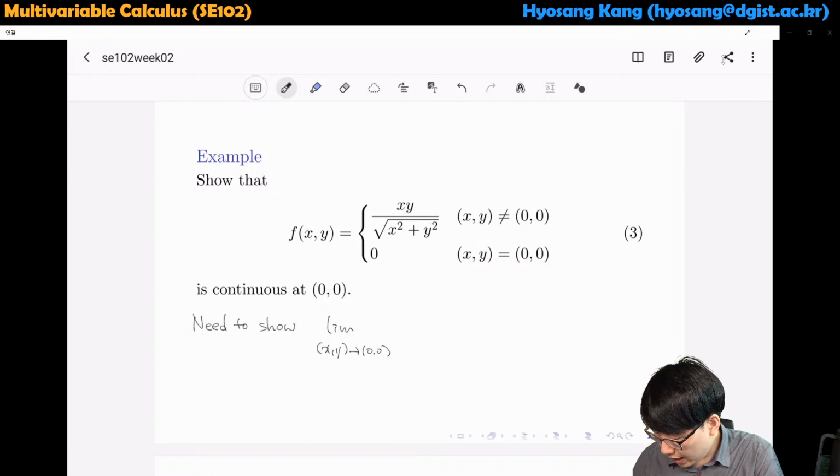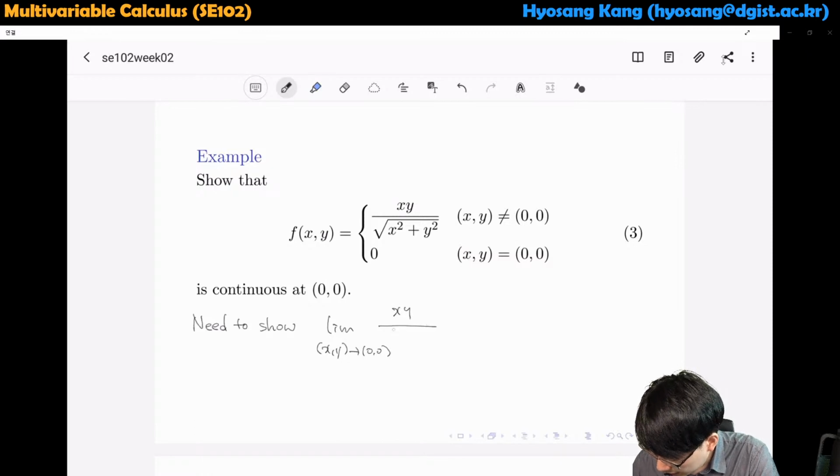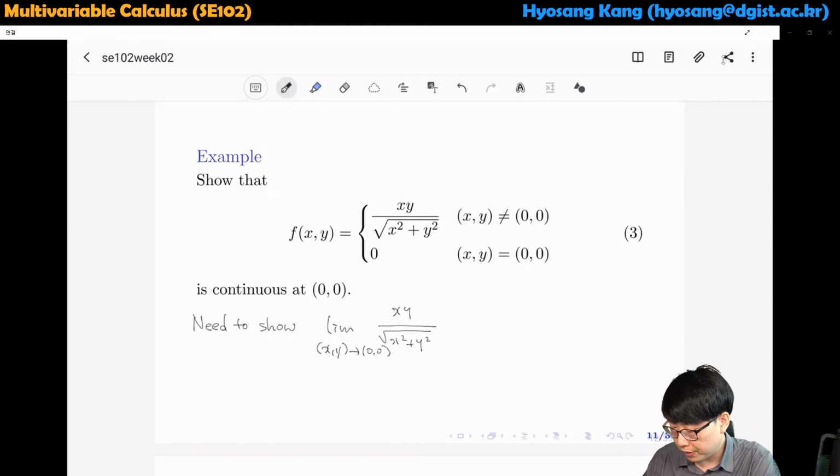When (x,y) is not (0,0), the formula of f(x,y) is xy over the square root of x squared plus y squared. Therefore what we really want is for this fraction to go to 0 when (x,y) goes to (0,0).